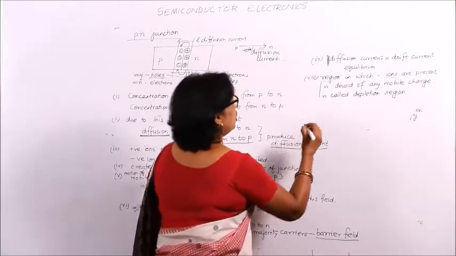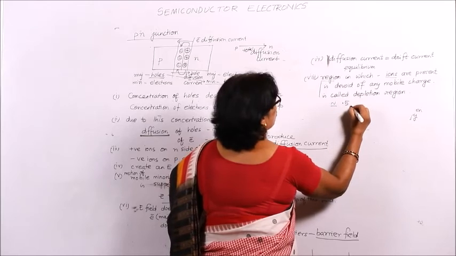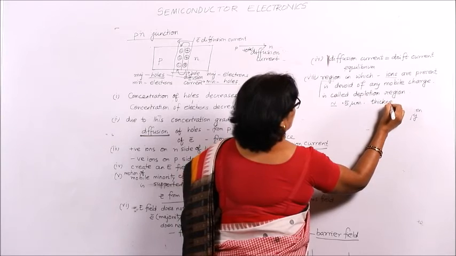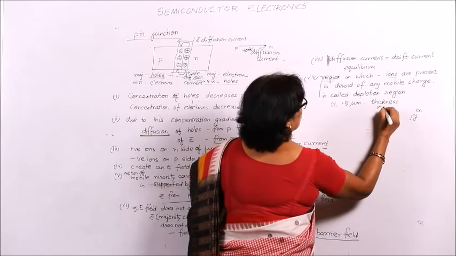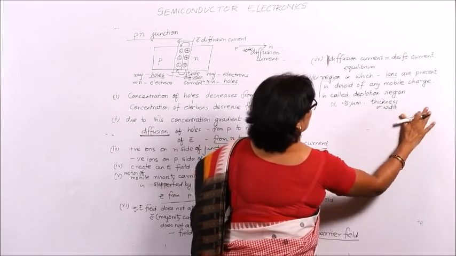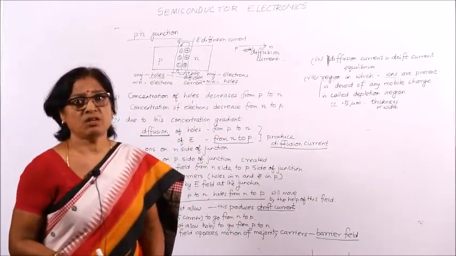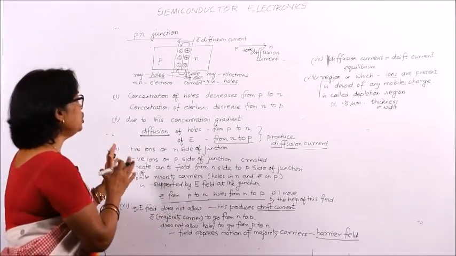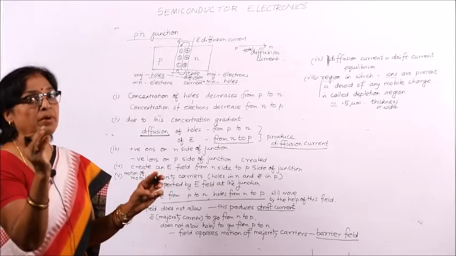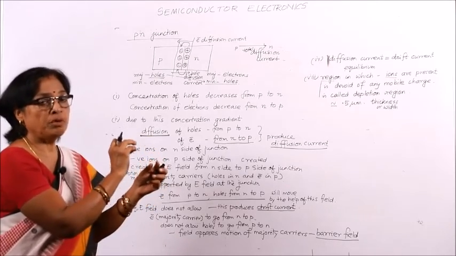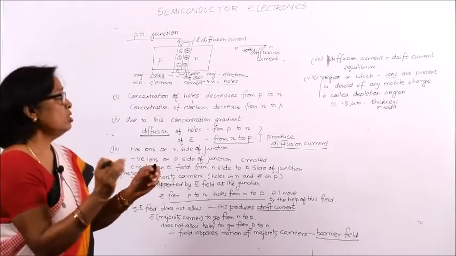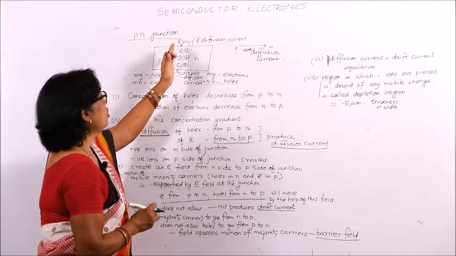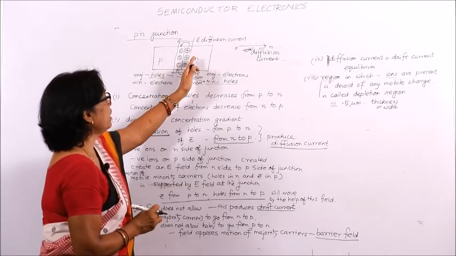The depletion region is of the order of 0.5 micrometer thickness. So this is what happens in a p-n junction: initially some electrons, majority carriers, go from n to p, some holes go from p to n, but once they go, some of these atoms become negative ions on the p side, and positive ions are deposited on the n side of the junction.